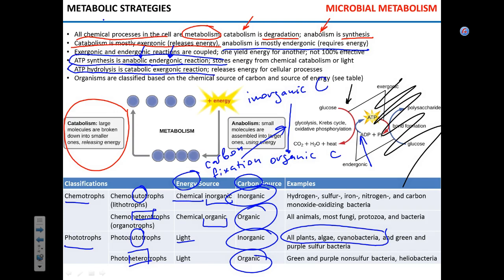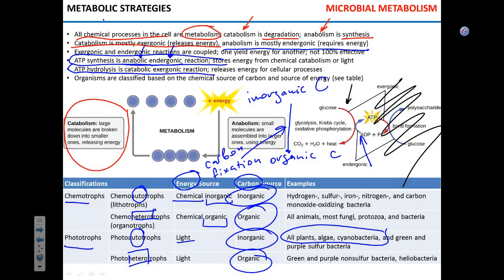Cyanobacteria are perhaps the evolutionary oldest organisms on Earth. And we will have a chance to talk about what the primeval Earth looked like when we get to photosynthesis. It's a pretty interesting talk, really. But you understand, right? So these cyanobacteria will use light as the source of energy, so they're phototrophs, and they will use carbon dioxide from the air as the source of carbon.